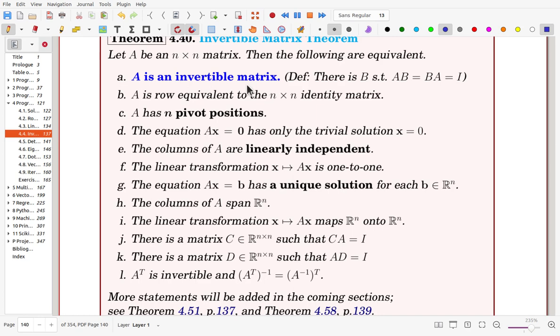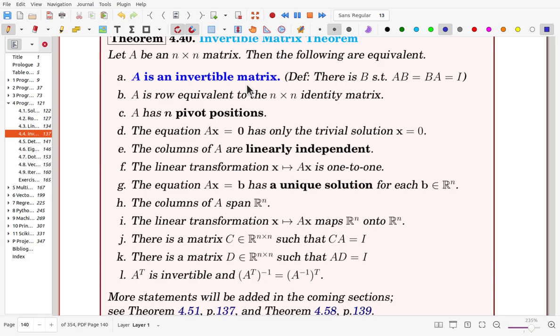Now we will put here the equivalent statements so that if you can verify one of these statements, then that means the given matrix is an invertible matrix, right? So the equivalent theorem is a kind of expansion of the definition.